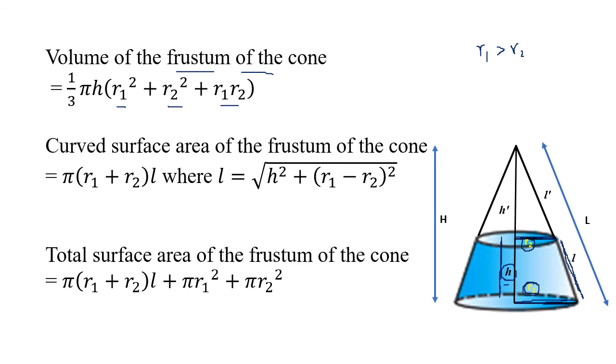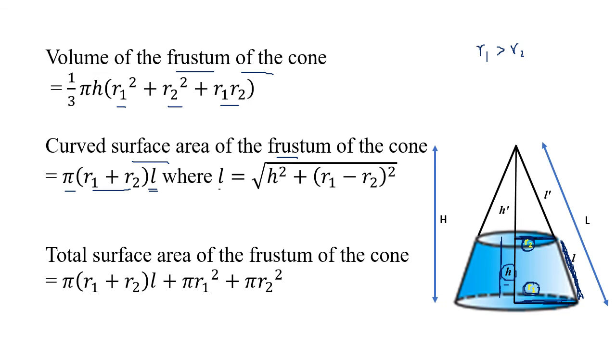R1 is the radius of the base of the cone, and R2 is the radius of the top when it is cut off. Now the curved surface area of the frustum, only the curved surface, is pi (R1 plus R2) into L. Remember, R2 is again the radius of the top, R1 is the radius at the bottom, and L is only the slant height of the frustum, not the whole cone.